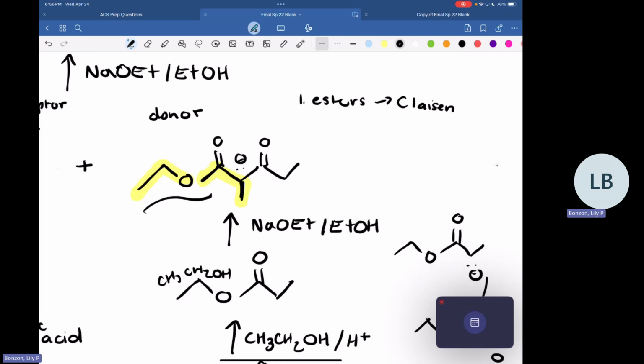If you want to check, you can theoretically attach whatever the ester part is to that other carbonyl to see if it matches. Here we have 1, 2, and then the ester 3, 4, 5, and here also 1, 2, and then the ester 3, 4, 5. Those are equivalent, so you can go back to the equivalent one.